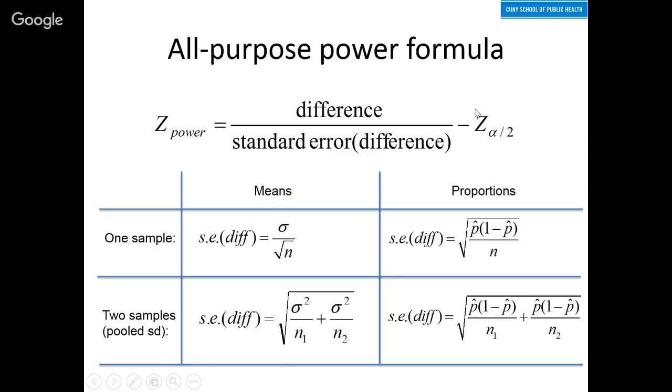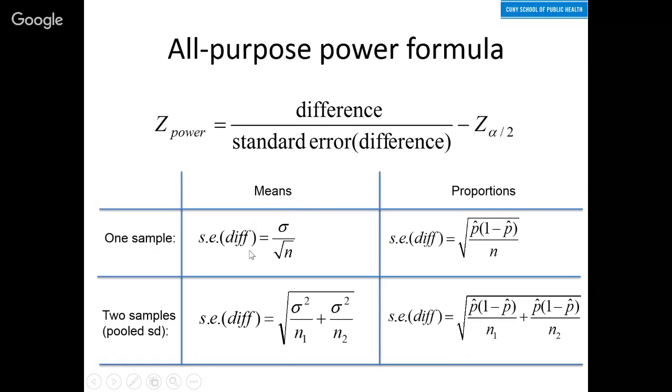So this is essentially a z-score calculated under the alternative hypothesis. This is your rejection region. That gives you another z-score, which you can then look up in your z-table to calculate the power.